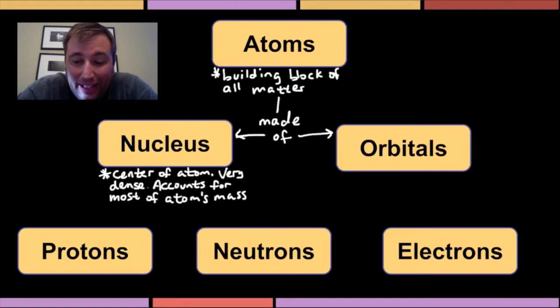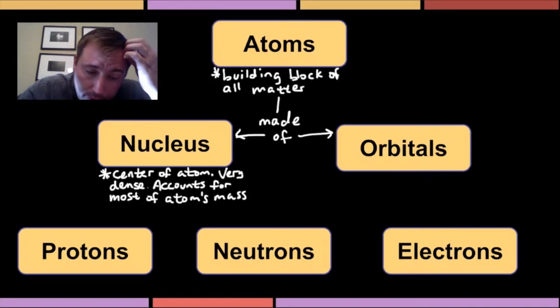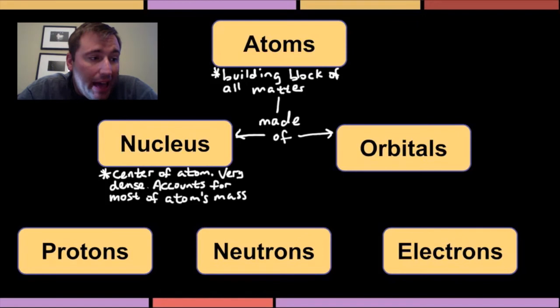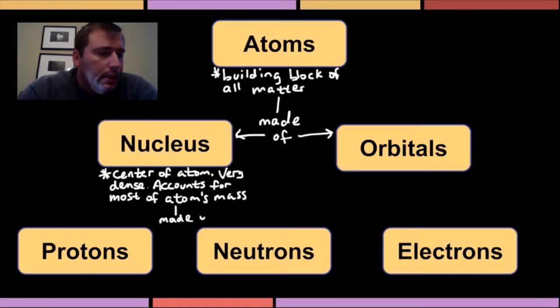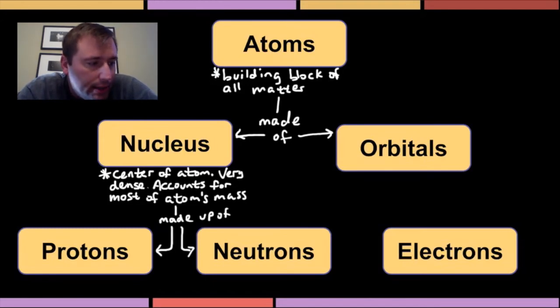That means that if I have 18 milliliters of water, like in that slide before, most of the mass of that water would be coming from the atom's nucleus. Now, if the nucleus accounts for most of the mass of the atom, then we must know that the nucleus is made up of protons and neutrons.